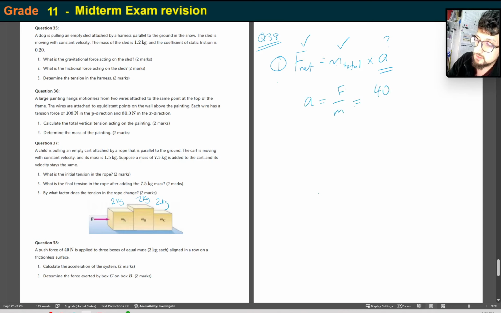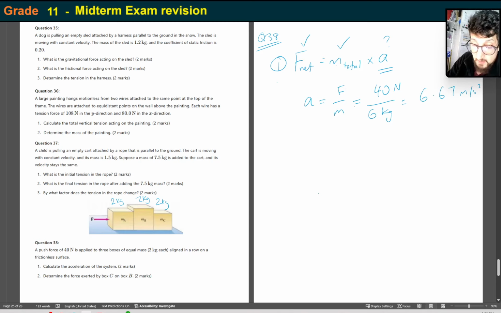So it's going to be 40 newtons, as in the question, and the total mass is 2 plus 2 plus 2, which is 6 kilograms. That equals 6.67 meters per second squared.